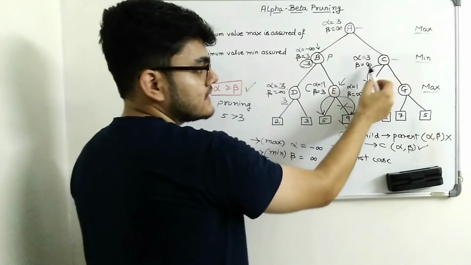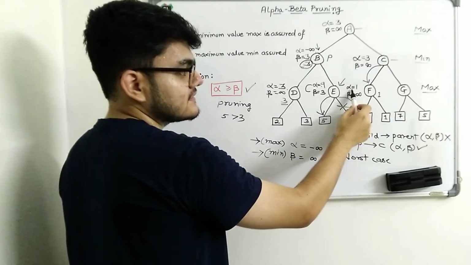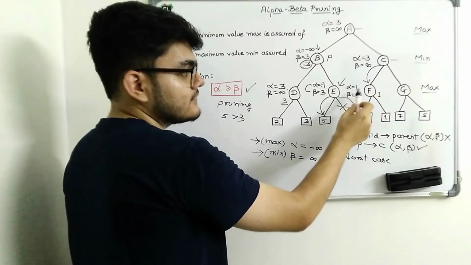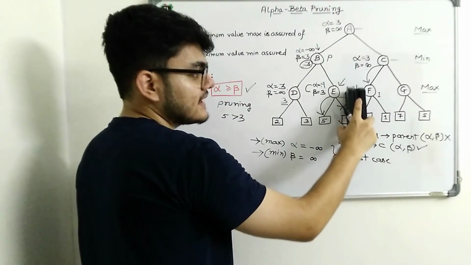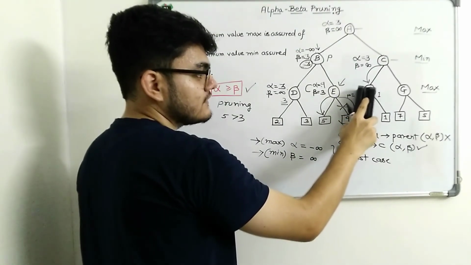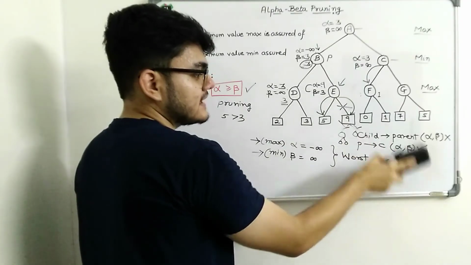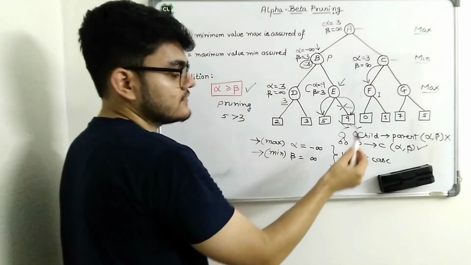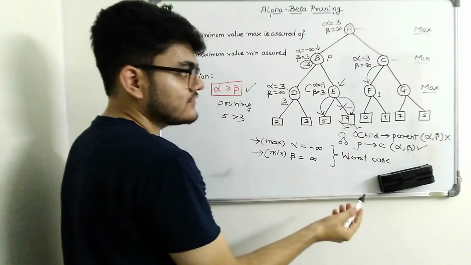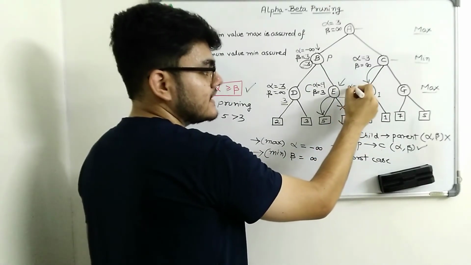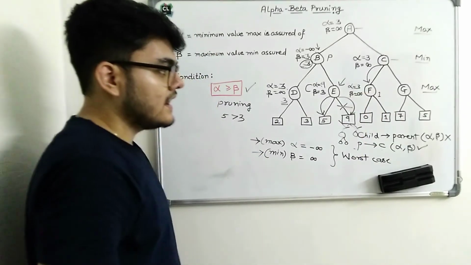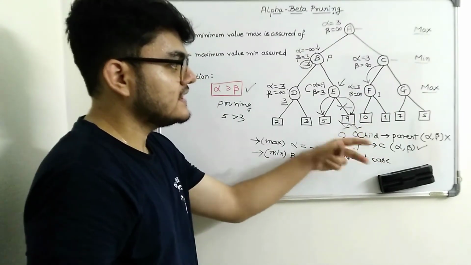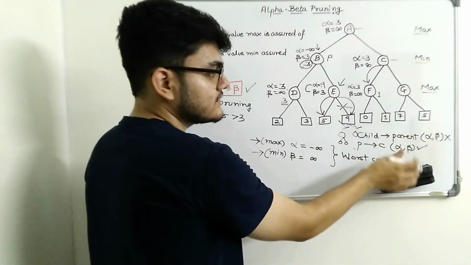So when this algorithm moves here, you can see the value of alpha equals 1 and beta equals infinity here. But before reassigning this, we know that first we will go from this place to here. So this is the parent to child condition. So the value of alpha will be equal to 3 and the value of beta will be equal to infinity. And from here I will have to reassign the value of alpha because it is 1 now.